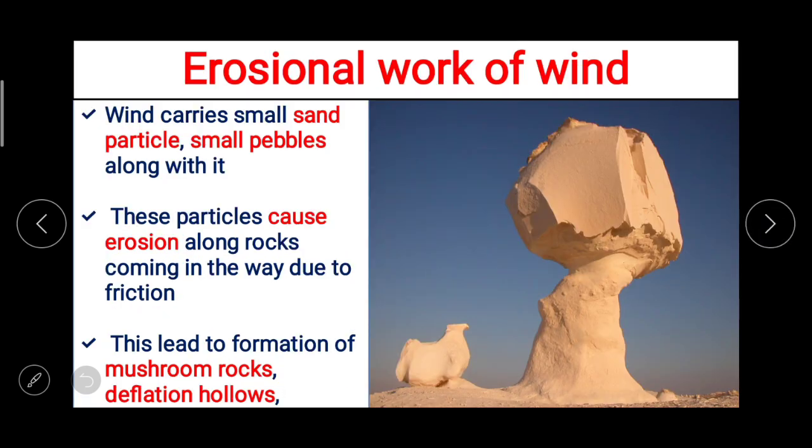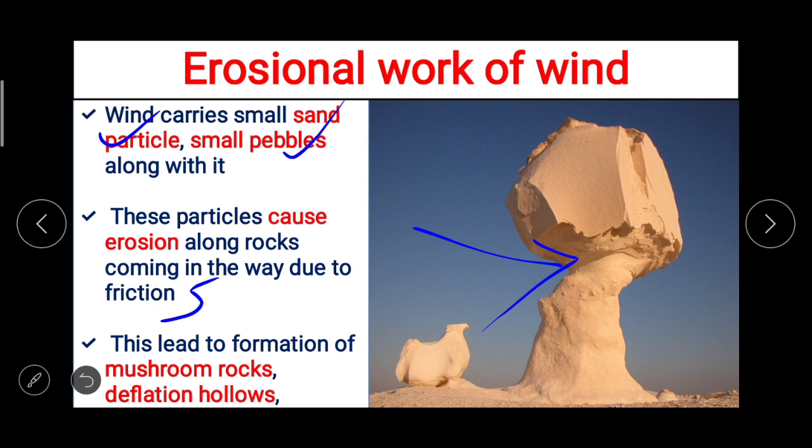Wind carries small sand particles and small pebbles along with it, and these particles cause erosion of rocks coming in the way due to friction. These lead to formation of mushroom rocks, deflation hollows and yardangs. Here you can see.